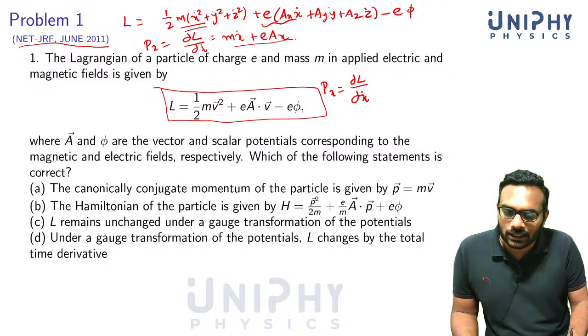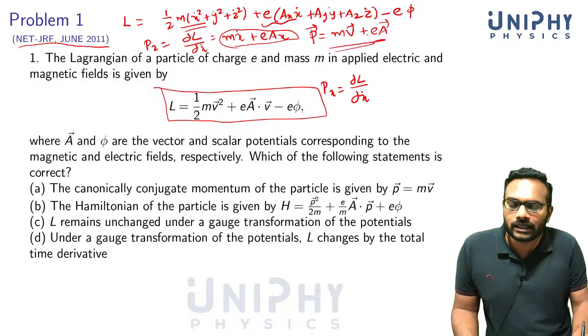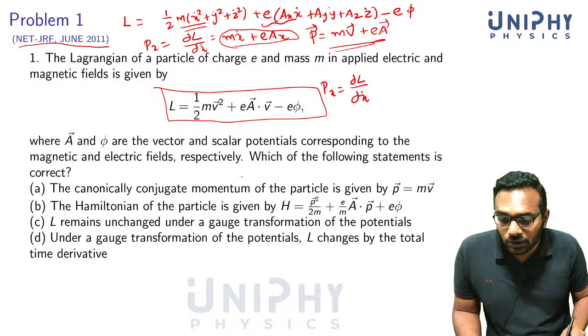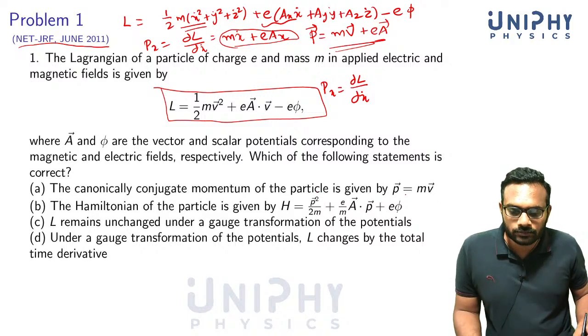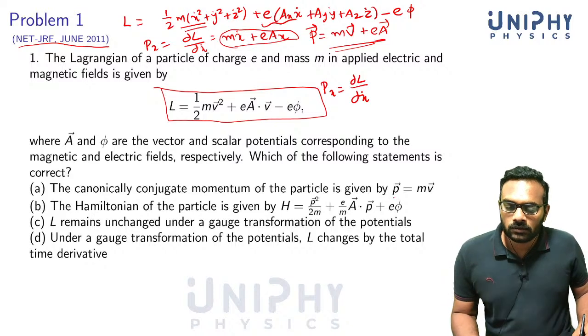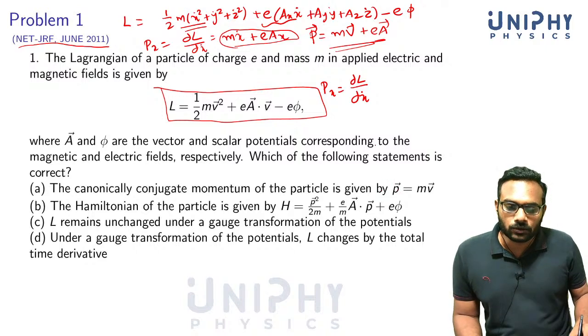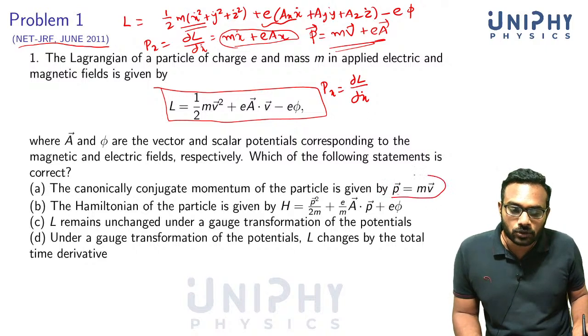So in total, you can write the canonically conjugate momentum as P vector is equal to mv vector plus E A vector. Okay, that's the canonically conjugate momentum. So it's not mv vector, and not P equal to mv vector.